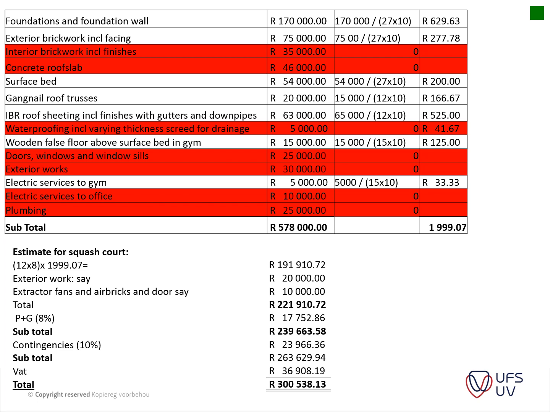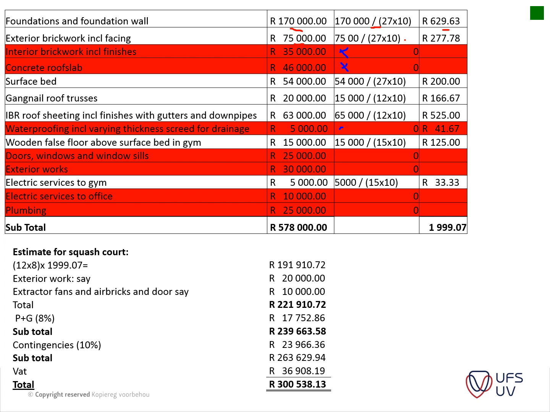Okay, so what happened here is you take out the items which are applicable to the project. You look at what the rate per square meter is, and the exterior brick walls you use, you can see that's the same. You didn't have interior brick walls, so you could leave that out. Same with your concrete slabs, you didn't use that.